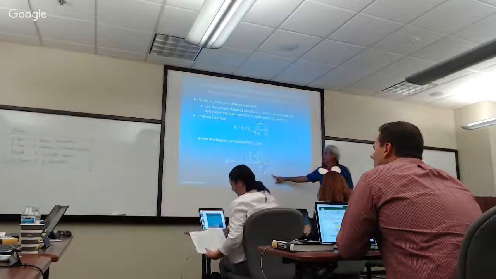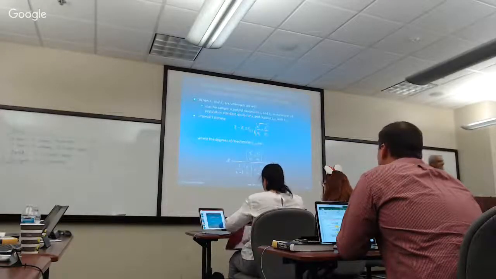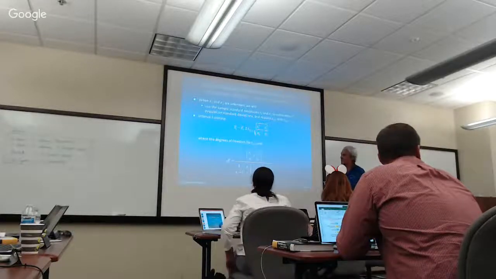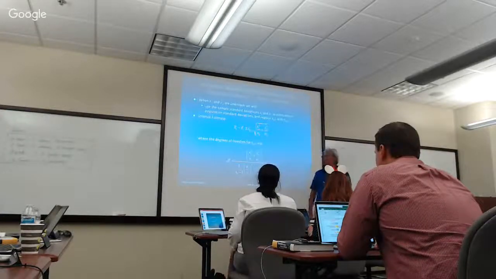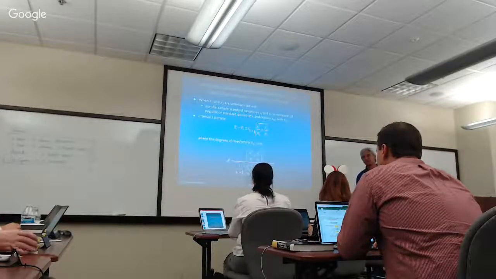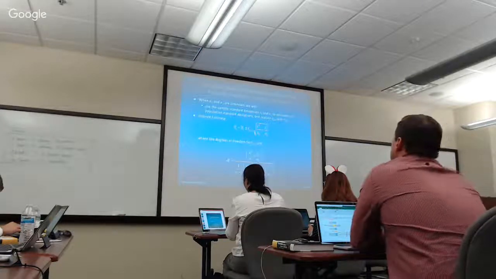As for the degrees of freedom, you don't have to calculate any of this. But if you're really curious, this is how you could get the degrees of freedom. But isn't it so much easier just to get it from the test itself rather than have to do all this?